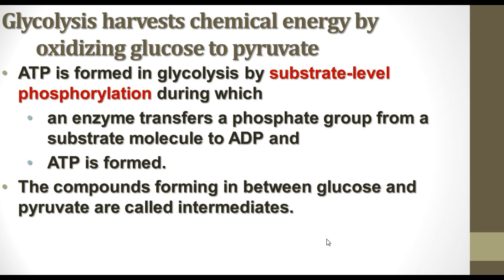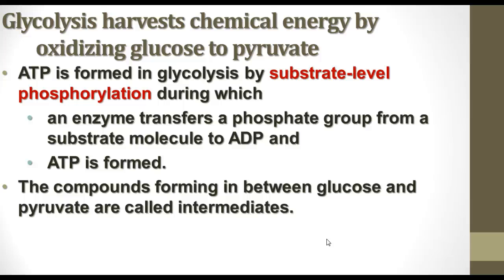Now, the way we're going to make ATP is through a process called substrate level phosphorylation. Substrate, remember, is the molecule that an enzyme works on, and phosphorylation is the process of adding a phosphate to a molecule. So an enzyme is going to transfer a phosphate from some substrate to ADP and produce ATP.